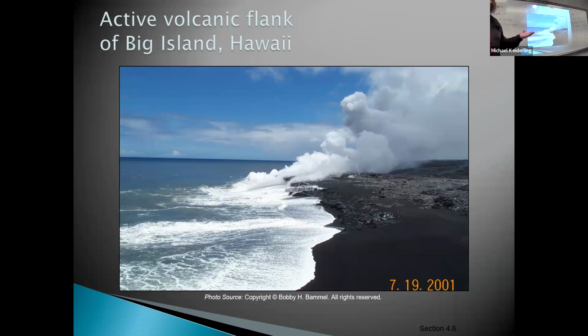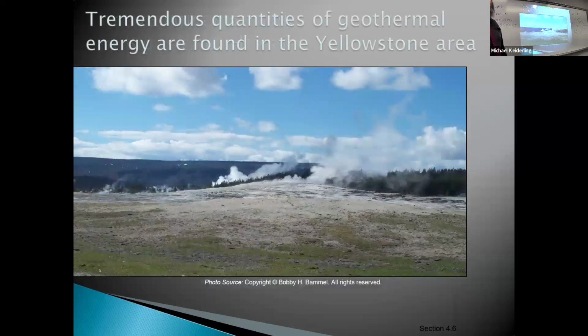It's not super dangerous or anything, because it just steadily oozes out lava, but it is one of the most active. One place where there are tremendous quantities of geothermal energy is the Yellowstone area, but not necessarily the best place. The practicalities of geothermal energy are complicated.